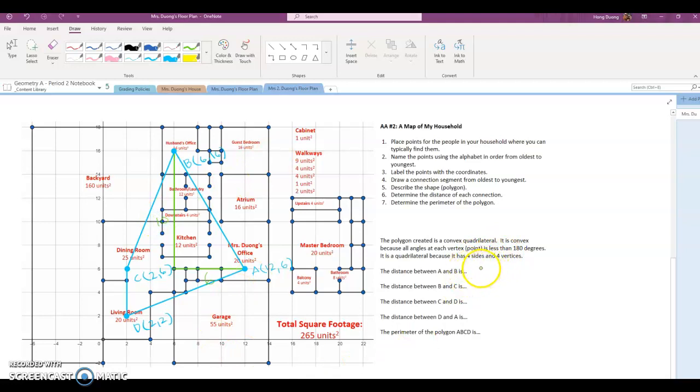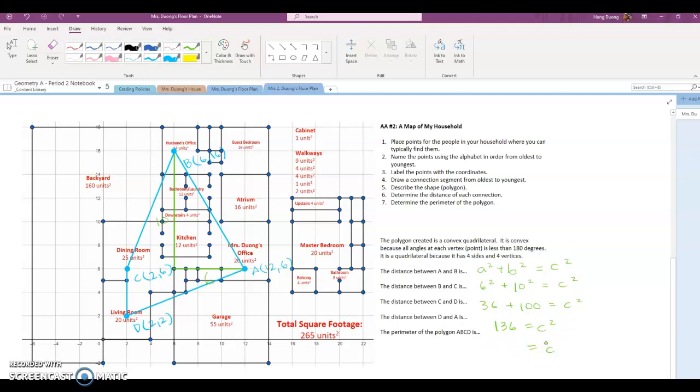So, a squared plus b squared equals c squared. 6 squared plus 10 squared equals c squared. 36 plus 100 equals c squared. 136 equals c squared. Take the square root of both sides.